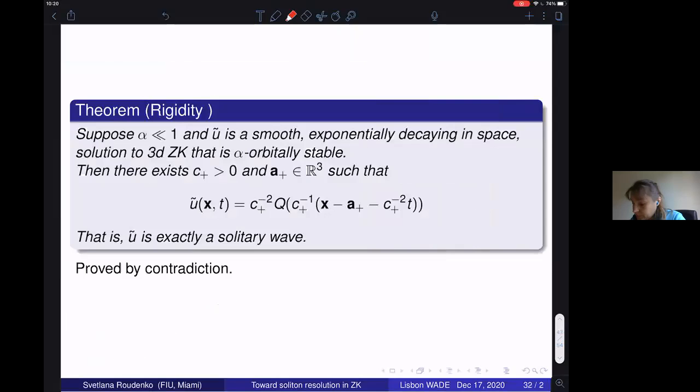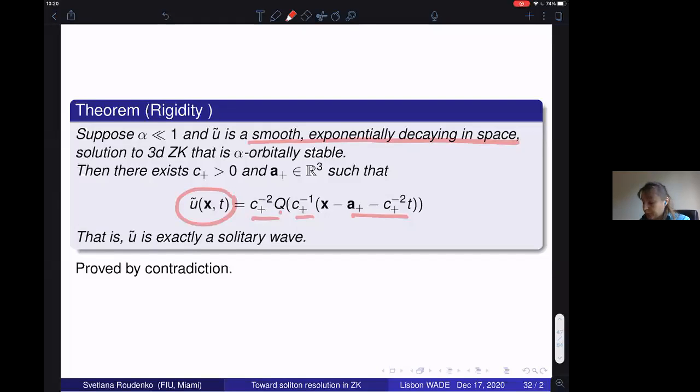So the rigidity, or the Liouville type theorem, is that if we have such solutions ũ, then as you would expect from Liouville, ũ turns out to be nothing else but a soliton. So it will be exactly Q with these parameters which are dilated like that.